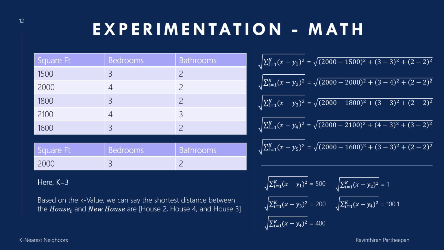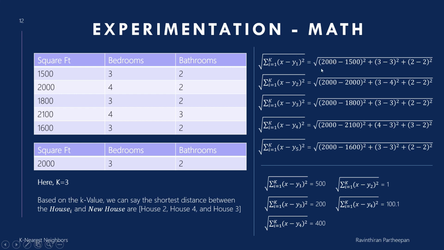So let's start. On the left side we have specified the k value equal to 3, and let's perform the first experimentation. Before that, you can find one separate table. This is our requested input that we are going to compare with our actual values. In this case, x will become 2000.